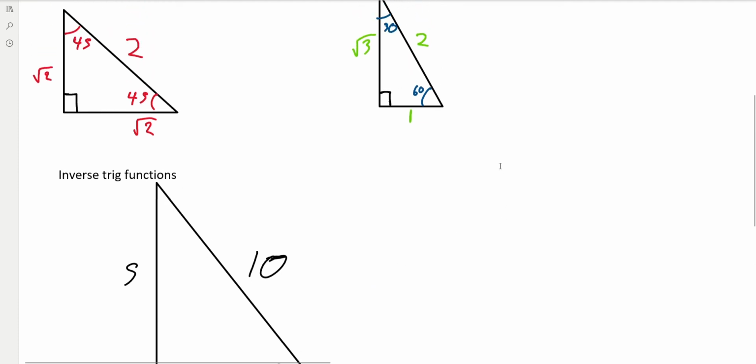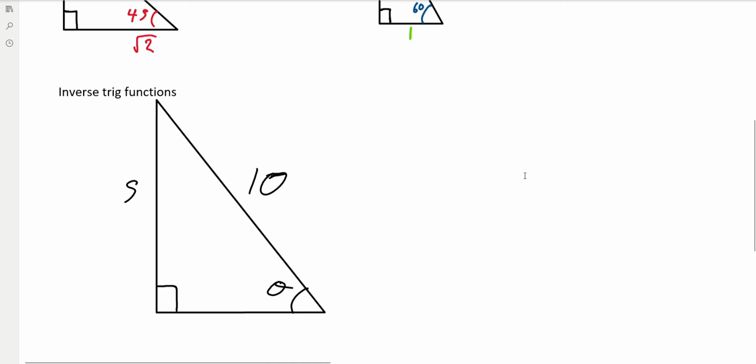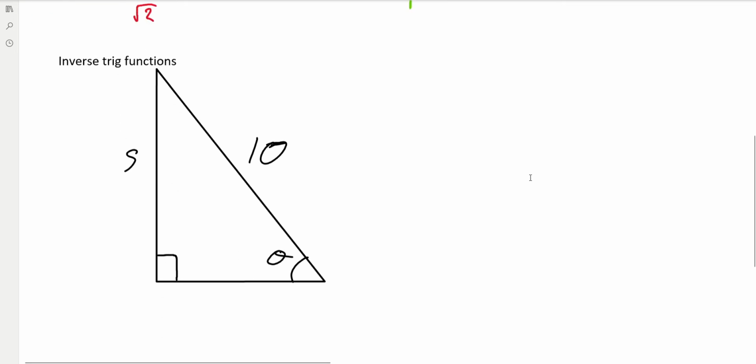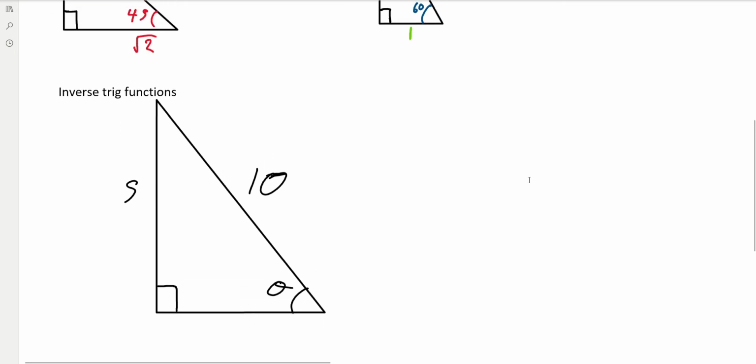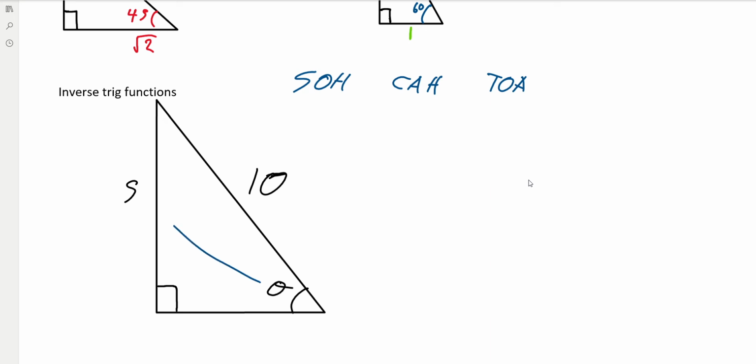You have to be able to do both, but this is the inverse trig function. Here we are going to use the SOHCAHTOA rules. You look at where the angle is, and you say, hey, this side is opposite, and this side is the hypotenuse.